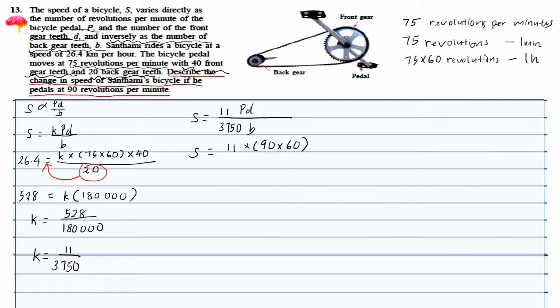So now what is the value of D? Because the bicycle front gear teeth is still the same number, right? So we still use 40. D equals 40.